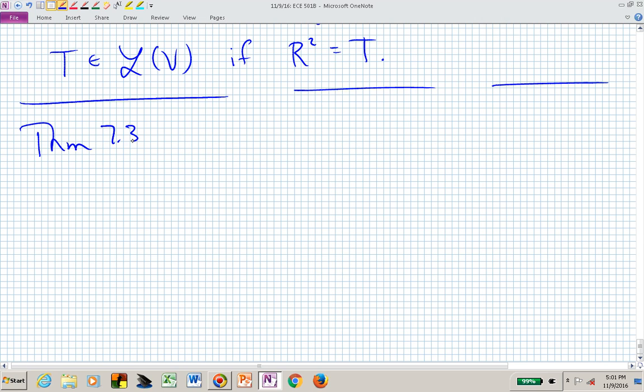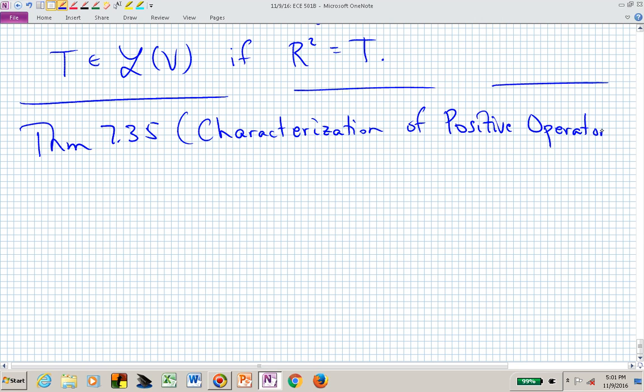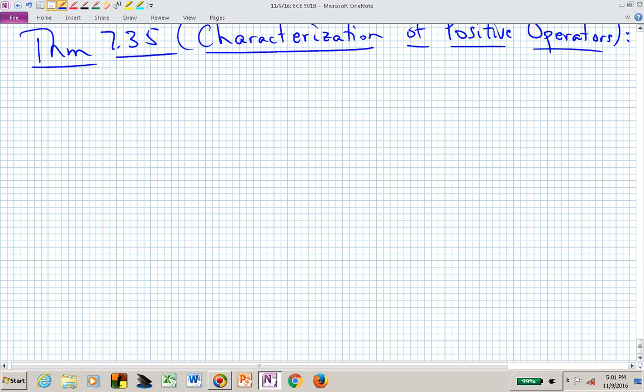Theorem 35 is titled Characterization of positive operators. And this now is just a list of equivalent statements.